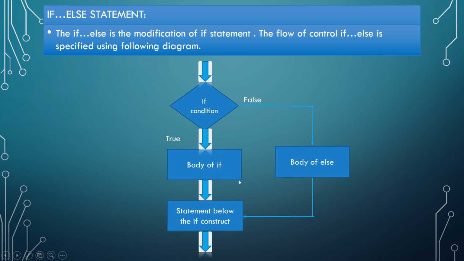Otherwise, statements in the body of else are executed. The body of else is executed when the if condition is not met, and then control passes to the next statement after the if else construct. Let's understand this with an example.